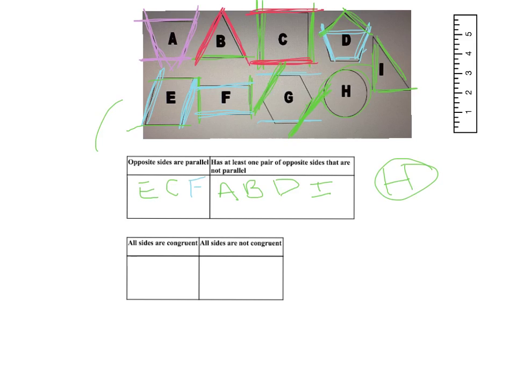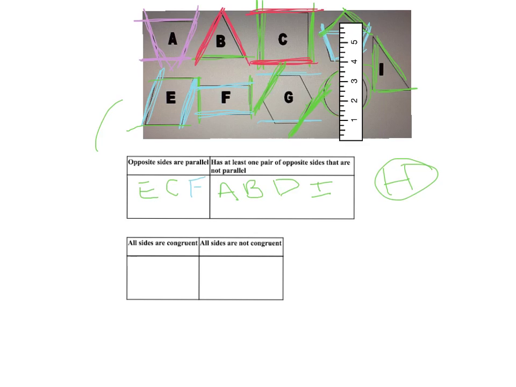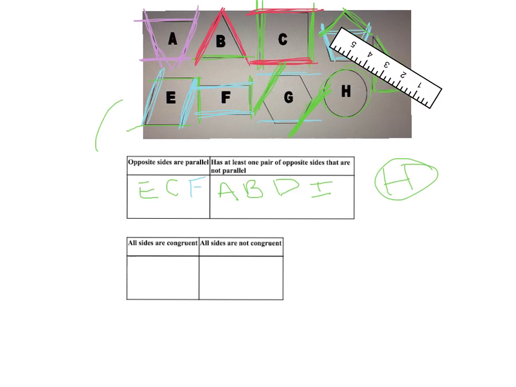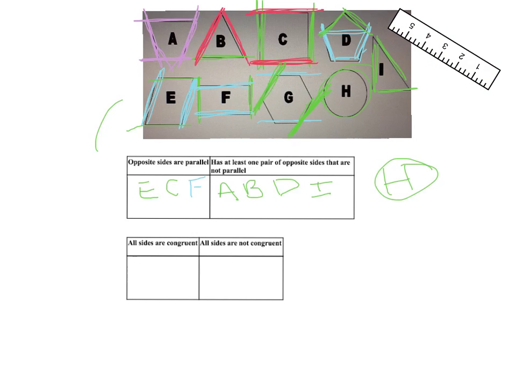Now, are those parallel? This trips up a lot of people. So we're going to use that ruler again. We have to turn it, and we need to measure the distance between the two lines. And I have so much green on here, it's going to be hard to see. But is it all the way the same distance? Yes, it is. So those sides are also parallel. We're not done. We have two other sides.